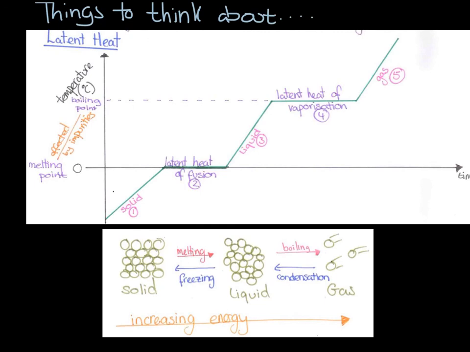And then the liquid will have more energy added to it, and so the particles can move around more, and then it will reach its boiling point, and some of the particles will have enough energy to leave the system and become a gas. And if we keep adding energy, then all of the particles in the liquid have got enough energy to turn into a gas.